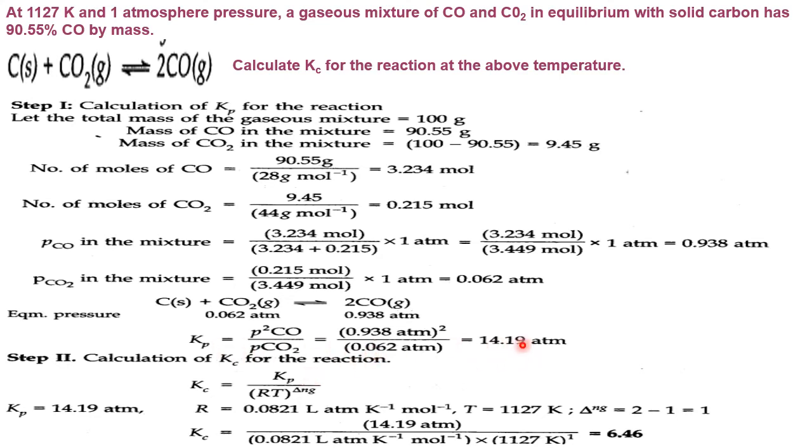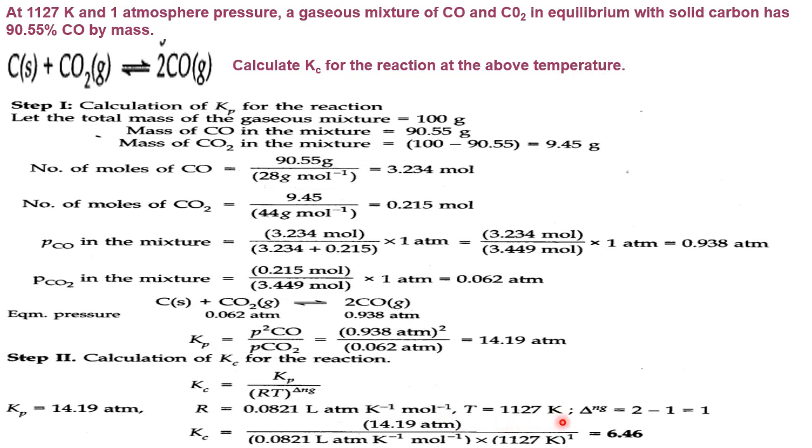Once you know the Kp value, we will go for the Kc value by the relation Kc equal to Kp by (RT) to the power delta n g. What is Kp here? 14.19. R is the gas constant that you have to take in terms of liter atmosphere per Kelvin per mole.